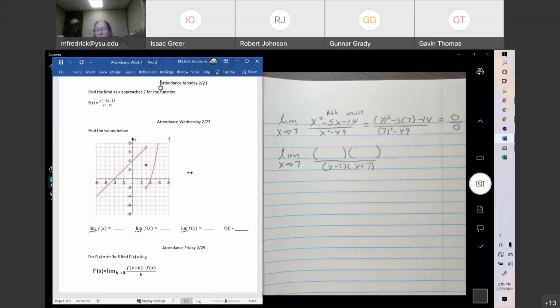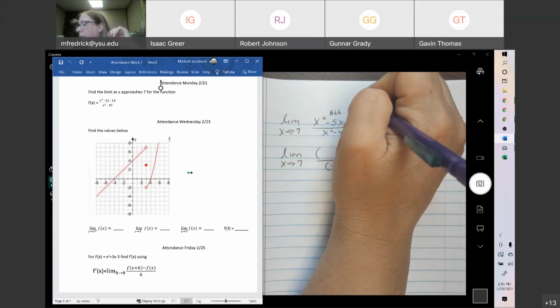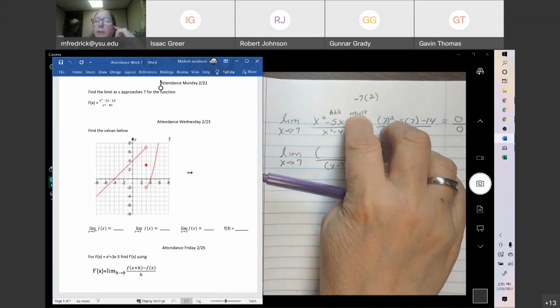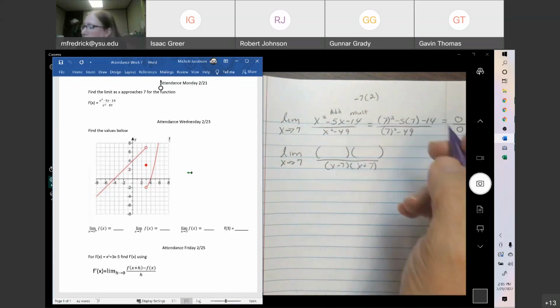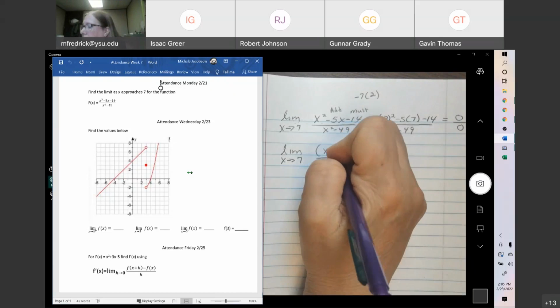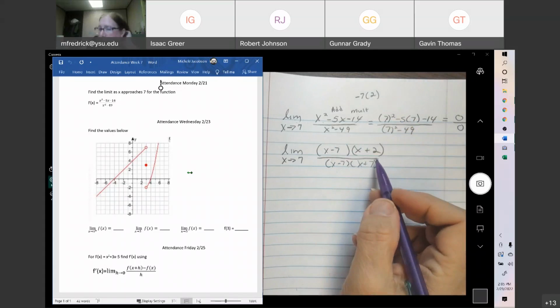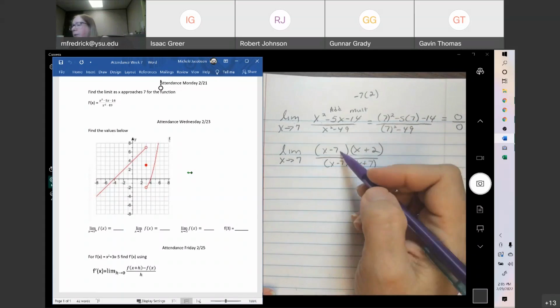So what 2 numbers, when we multiply, we get a negative 14, that when we add, we get a negative 5? Negative 7 and 2. Mm-hmm. When we multiply these, we get negative 14, and when we add them, we get a negative 5. So we get x minus 7 and x plus 2. Notice the x minus 7s will cancel.